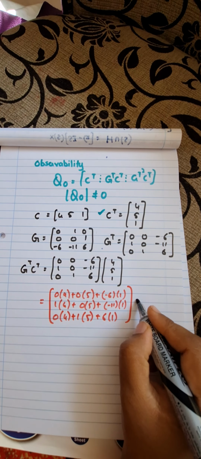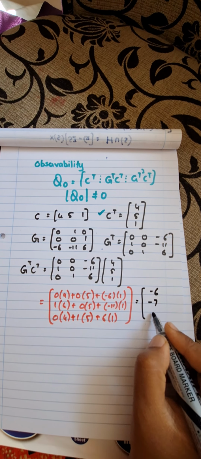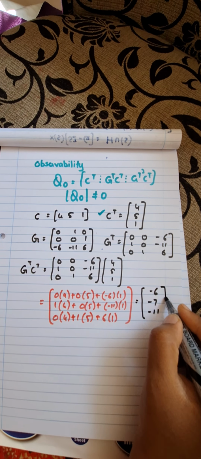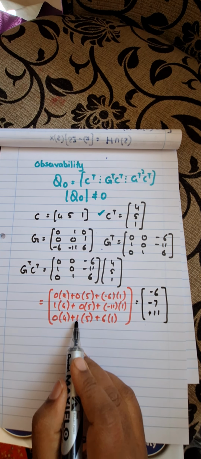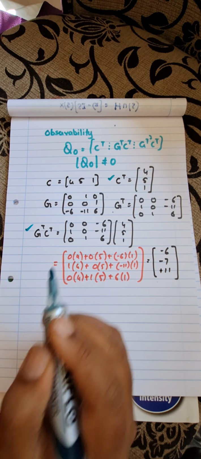So this is giving us the answer as minus 6, minus 7, plus 11, because 5 plus 6 is 11 positive. Okay, G transpose C transpose is done.